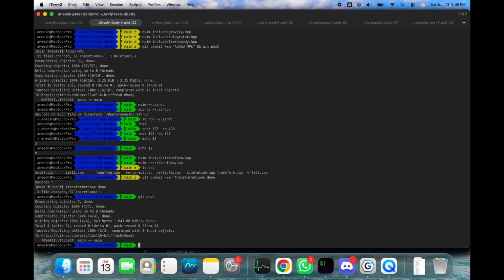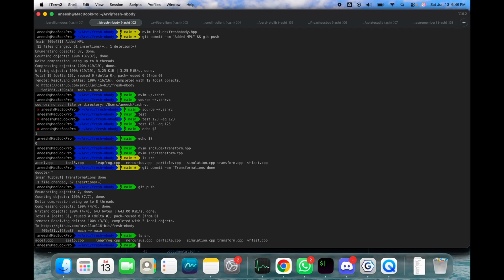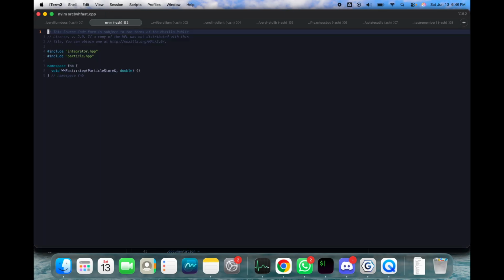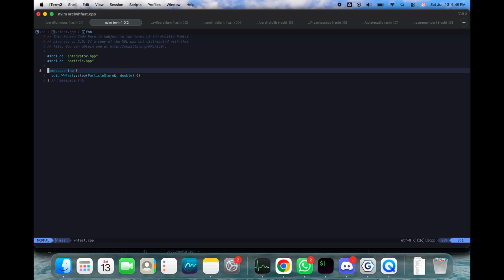Okay, but now let's get ready for SRC. Okay, I have WHFast already in there. I'm going to just open this. Yeah, I just added a tiny little bit of a thing. So, particle store.